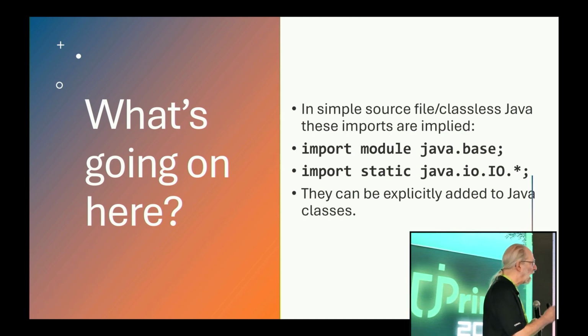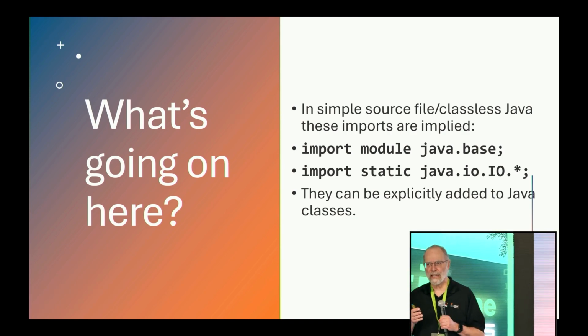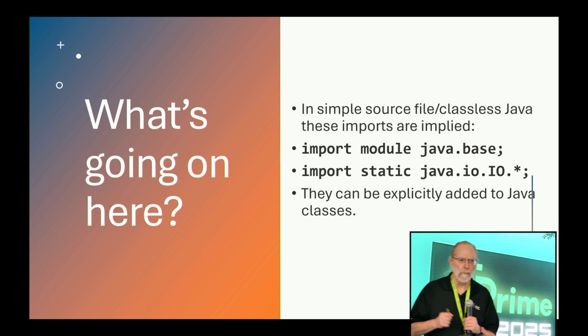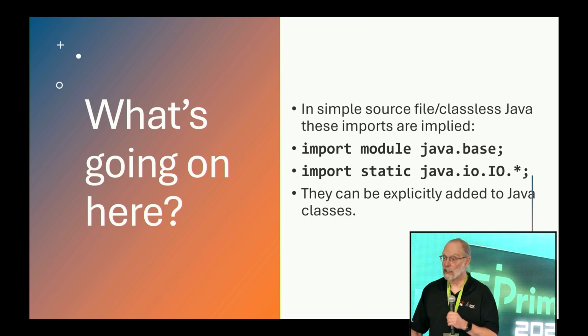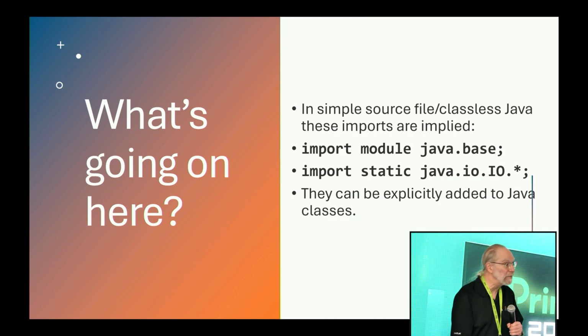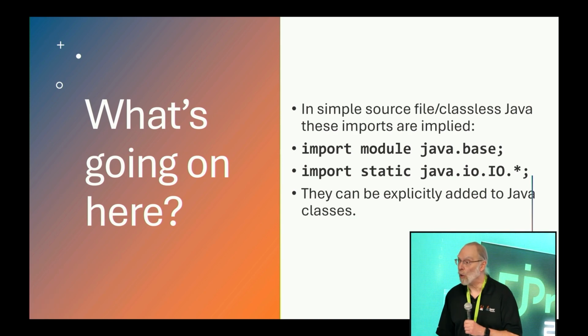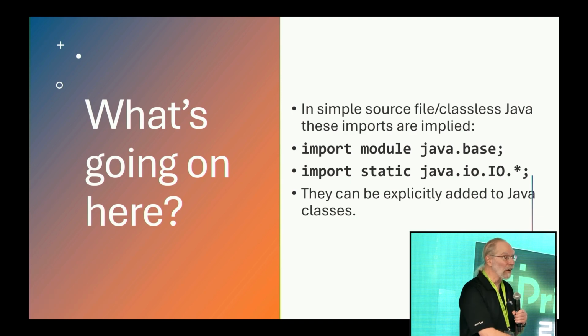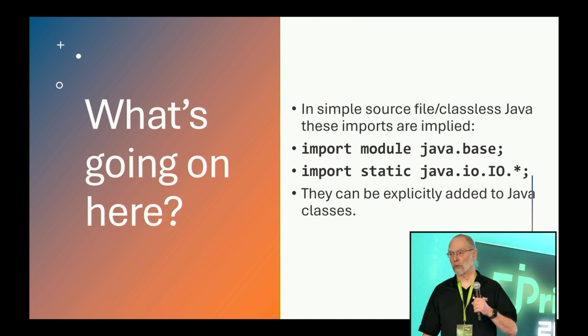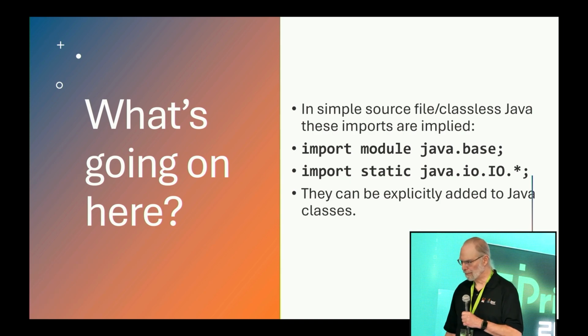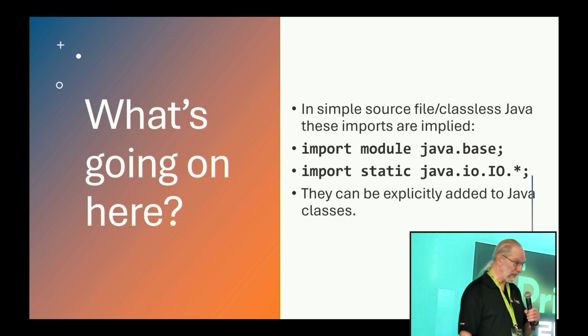Imagine that you could have an import that would bring in the 20 or so most significant Java libraries, collections, streams, file I/O, all the good stuff. And you just need one import. The static io.IO, that's what gives us the println, the print, the readln, and the read.